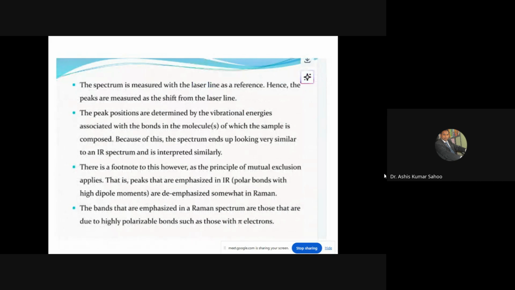The spectrum is measured with the laser line as a reference, hence the peaks are measured as the shift from the laser. The peak position is determined by the vibrational energy associated with the bonds in the molecules of which the sample is composed. Because of this, the spectrum ends up looking very similar to an IR spectrum and is interpreted similarly.